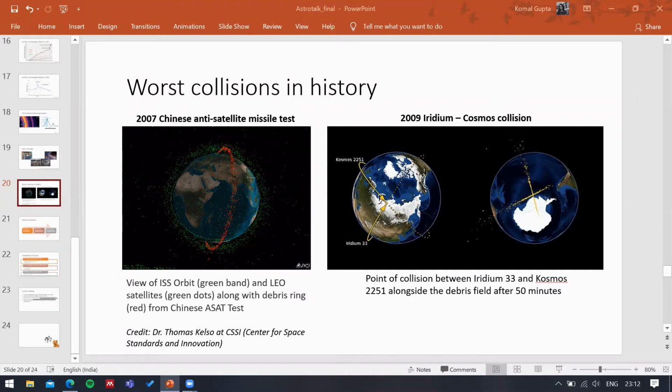So Komal, is there an organization called SSA or any other? What's the major organization which takes care of these? So there are organizations that track and catalog space debris and other objects. For example, NASA does a lot of catalog managing. The United States Air Force does a lot of tracking and surveillance.